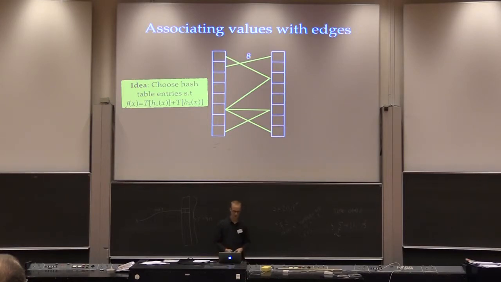This edge here corresponds to an item, and suppose we want the value 8 associated with this. Well, then we just have to put 2 values that have a sum of 8. So we could choose 8 and 0, for example. And suppose these are the other values.